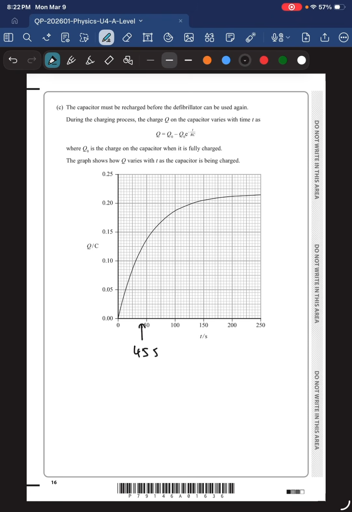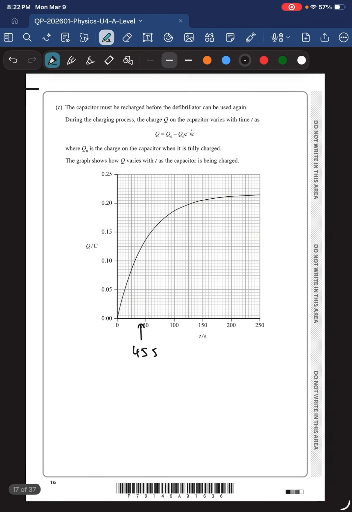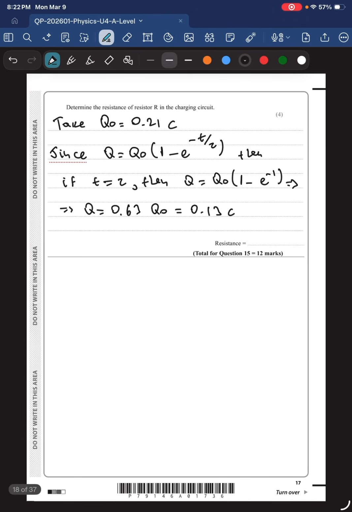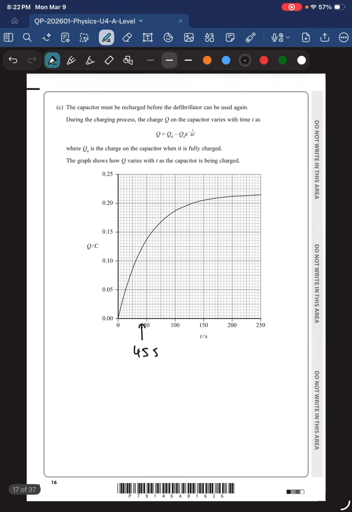So I hope you're following what I'm doing. So for a time equal to the time constant, Q is equal to 0.13 coulombs, okay? And then we come here and we find where 0.13 coulombs is, okay? Which is this point over there, okay?